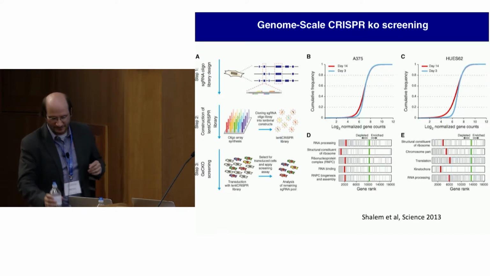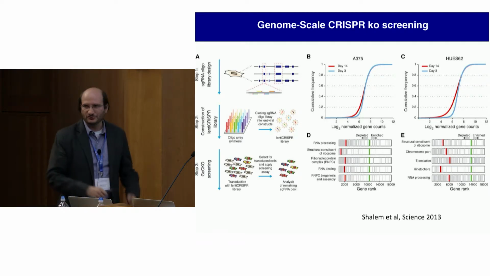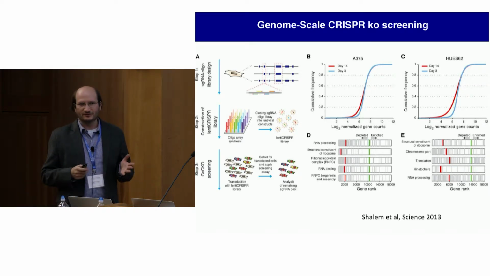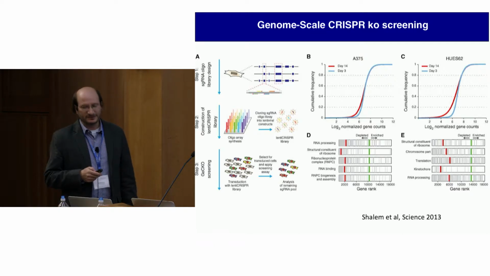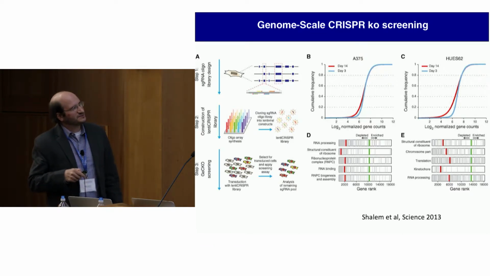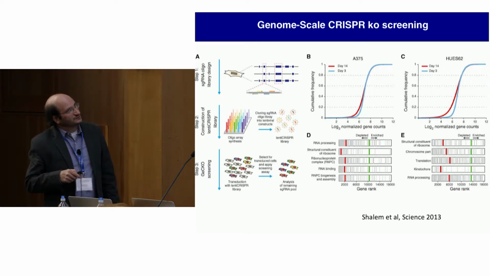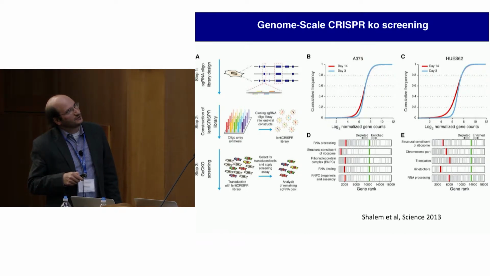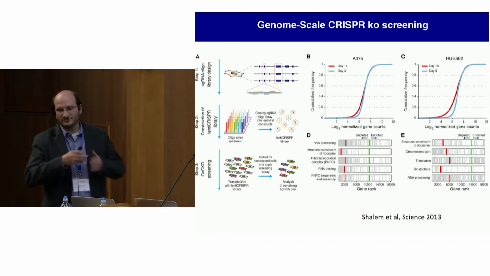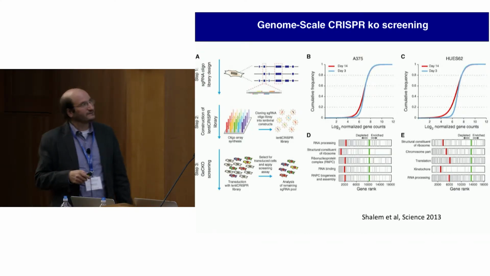This is effectively called a screen for gene essentiality. You want to find all the genes that are required for growth or viability in a cell. One of the interesting things you can see in this plot is the ratio of cells at day 3 compared to day 14. So this is growth over a 2-week period.